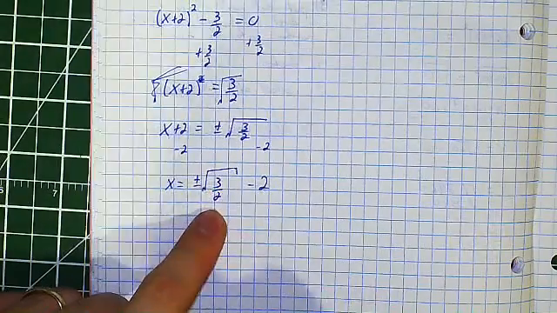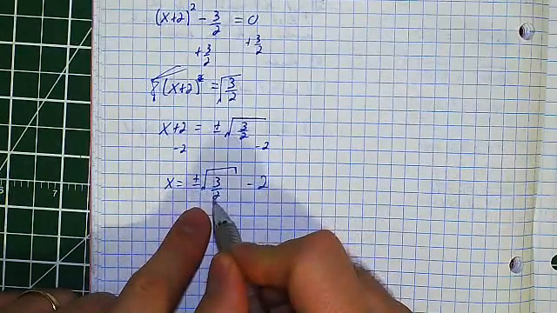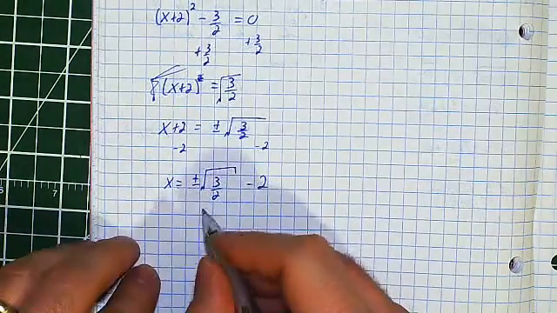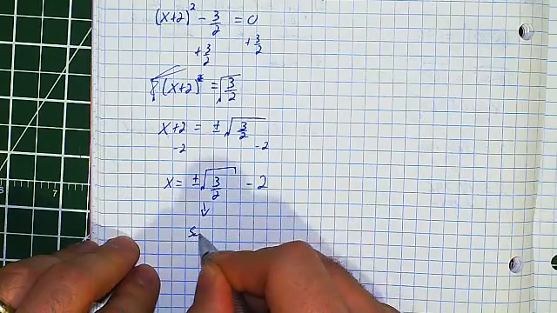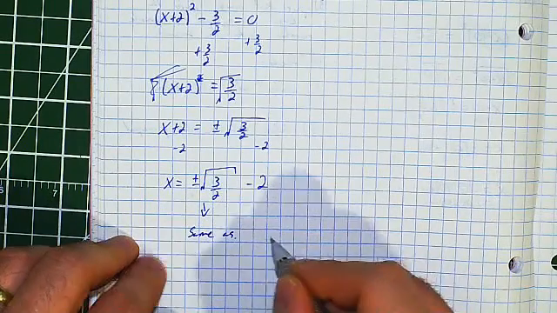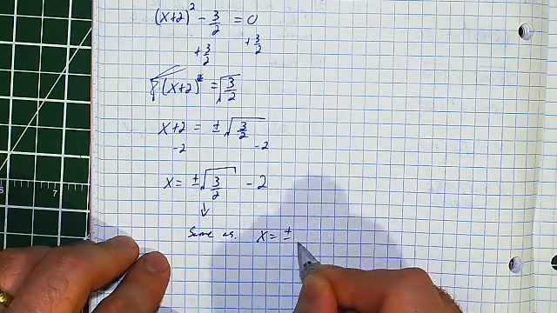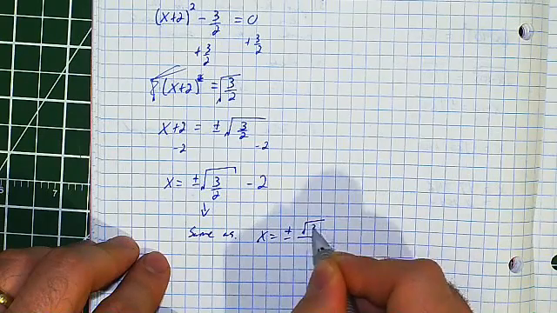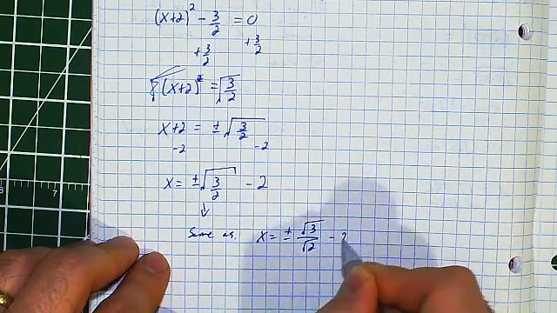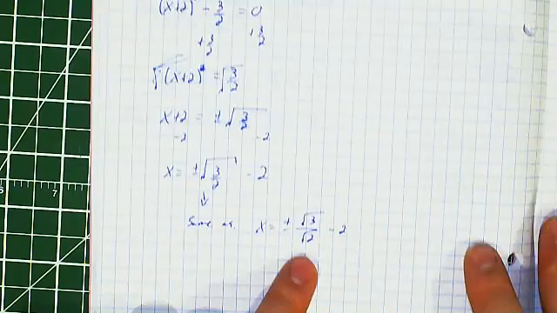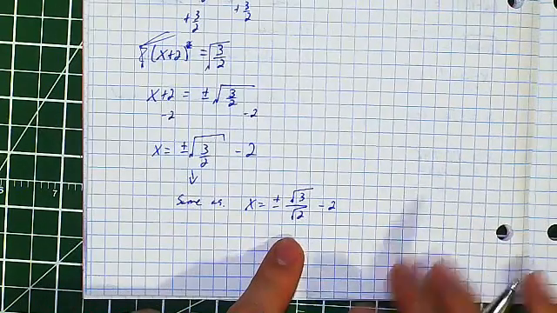Now, your book might want you to rationalize your denominator, because they're going to view plus or minus root 3 over 2 as x equals plus or minus square root 3 over square root 2 minus 2, and having a root in your denominator.